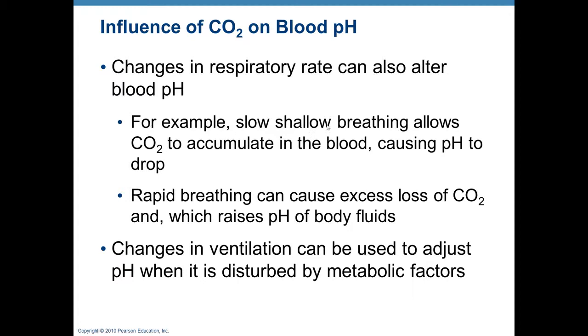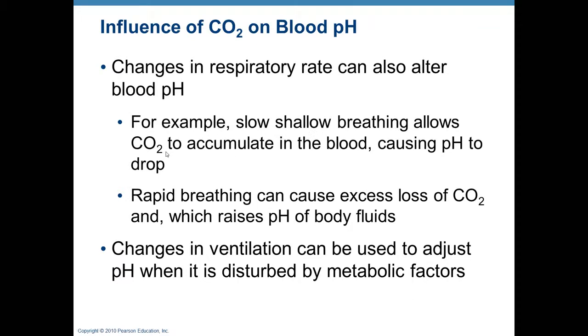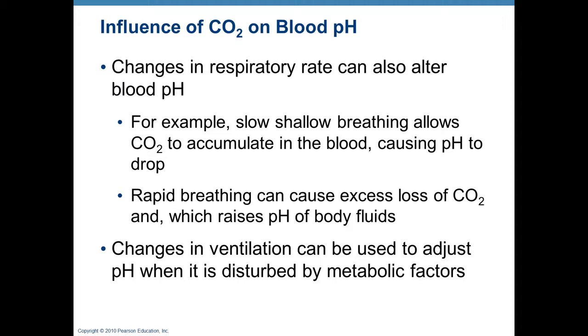If you are experiencing slow, shallow breathing, you're not exhaling out CO2 as well as you should. So CO2 accumulates in the blood, it gets converted to carbonic acid, and that lowers the pH of your blood. If it drops below 7.35, you're going to start having problems.